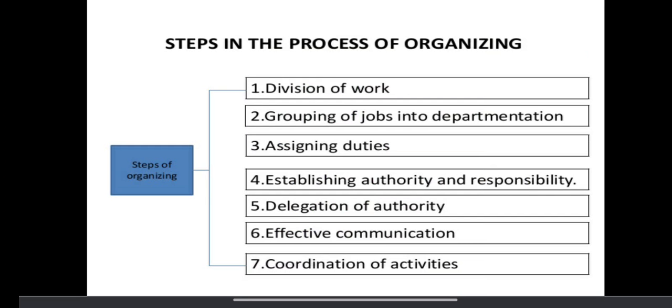They should be arranged in a chronological order, so that the organization can achieve its goal without any interruption, without any break, and without any disturbance. So let us observe the steps that are involved in the process of organizing.